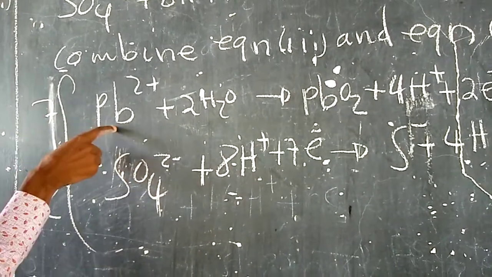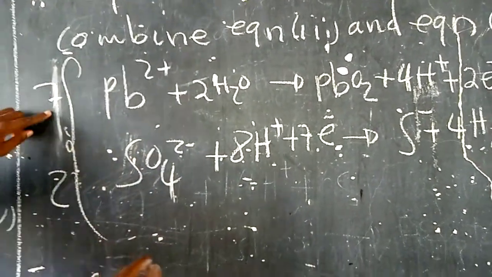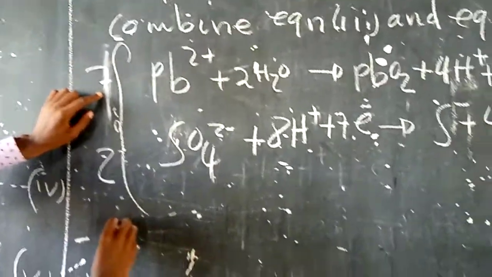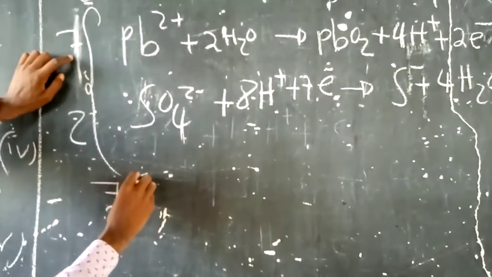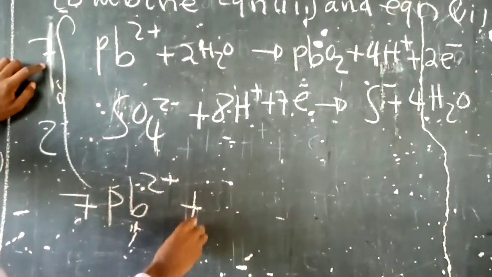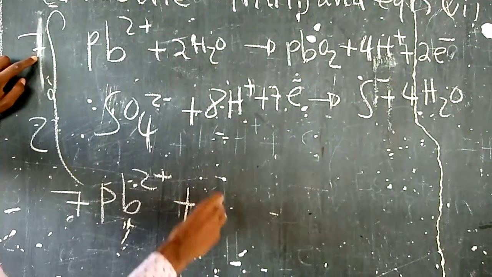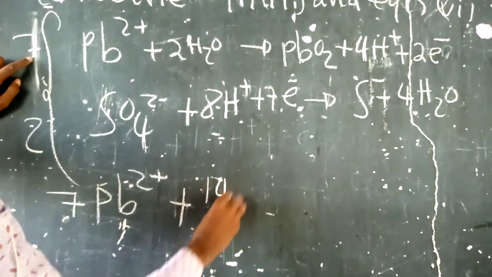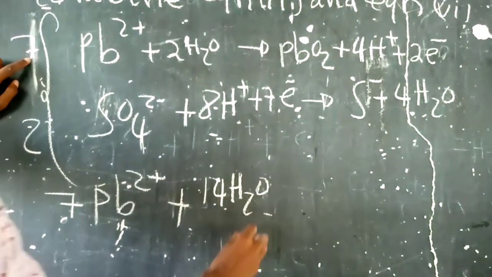So 7 times this, you get 7 lead ions, plus 7 times 2, you get 14 water molecules.